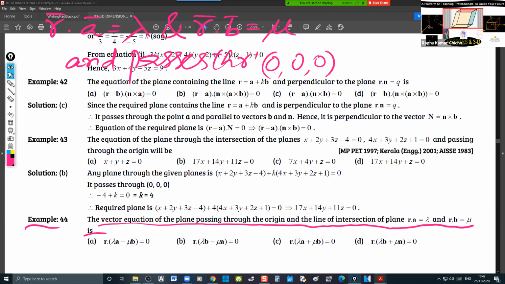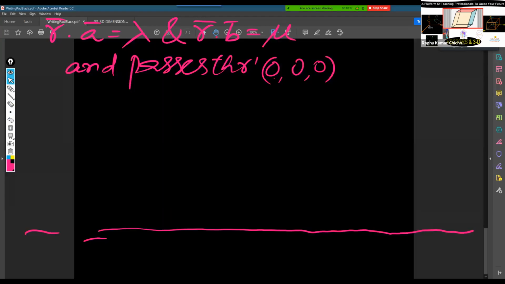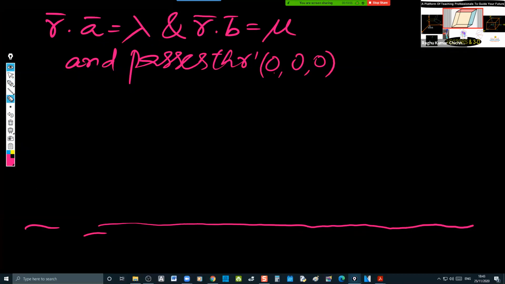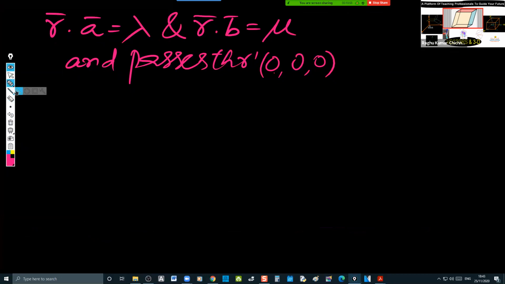That is, if you see the set of planes, you can say in this way, this is one plane and this is another plane.